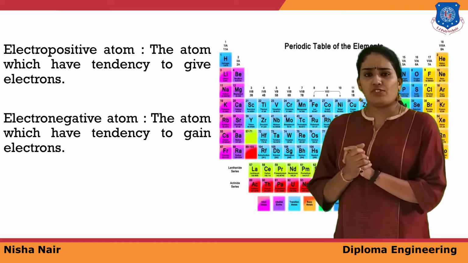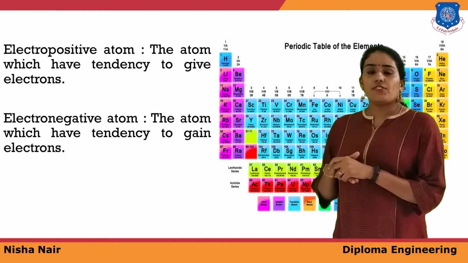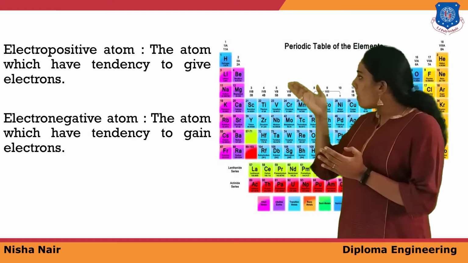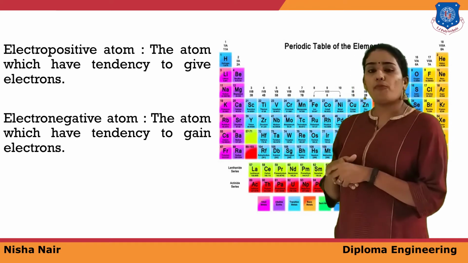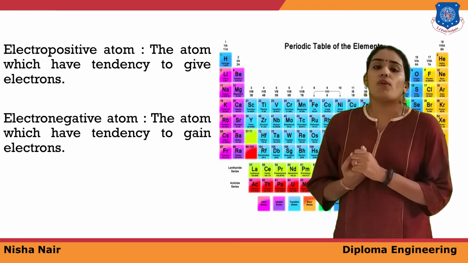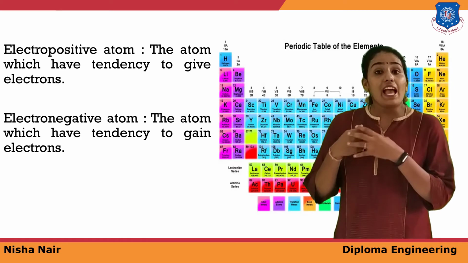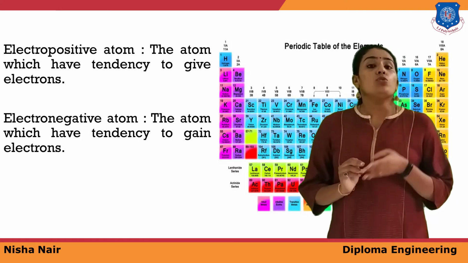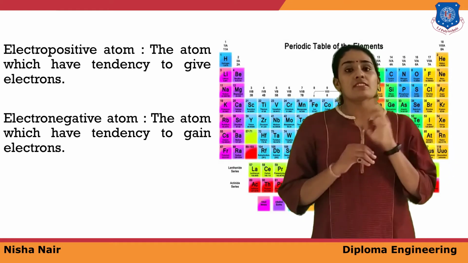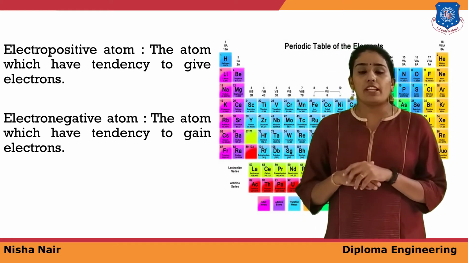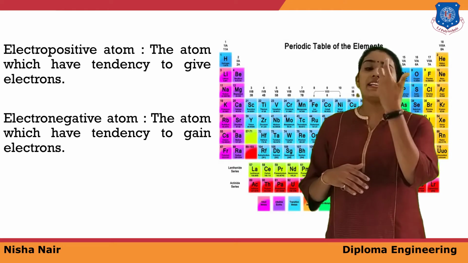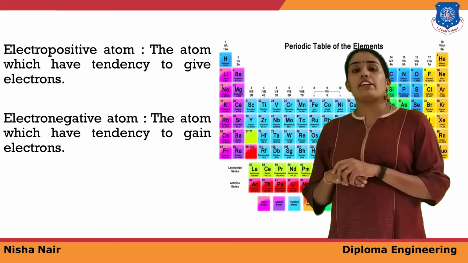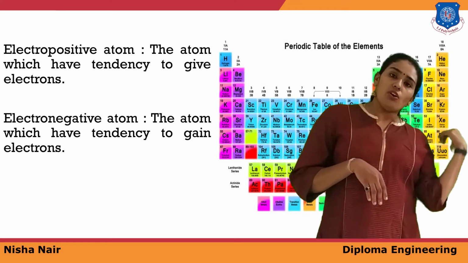Electropositive means electron giving tendency. So all elements present on this side of the periodic table show electropositive nature, means they have a tendency to give electrons to other atoms, and all elements present on this side of the periodic table show electronegative nature, means they accept electrons from another atom. So here sodium is electropositive and chlorine is electronegative.